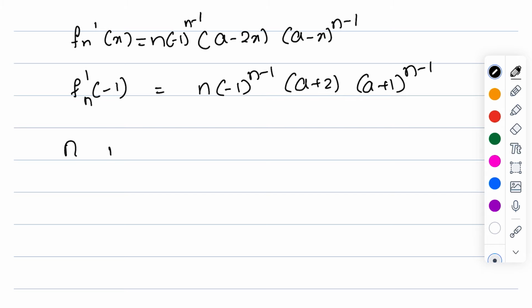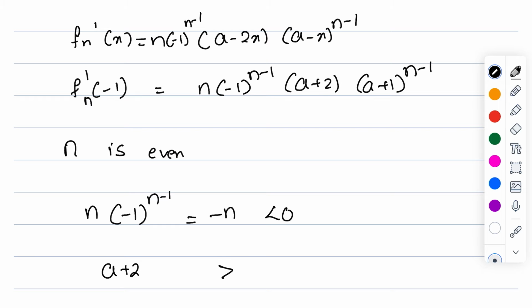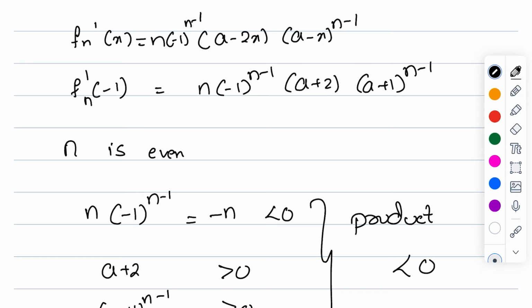Now the first case is n is even. If n is even, n times negative 1 whole power n minus 1 will become negative n, which is less than 0. a plus 2 is a positive number. (a plus 1) whole power n minus 1 is a positive number. So the product of all these three, because we need to multiply, is a negative number.